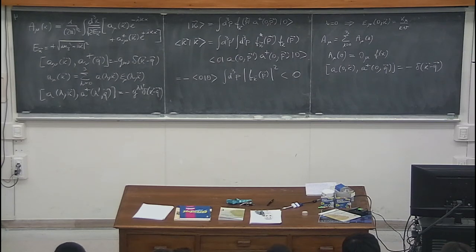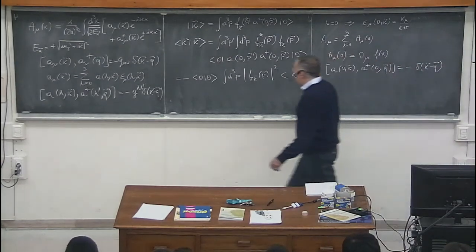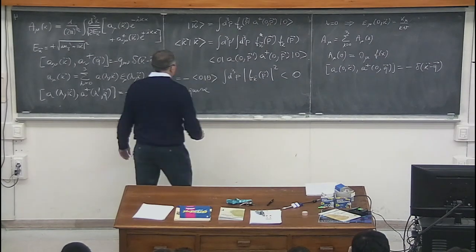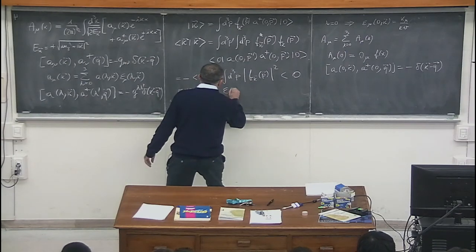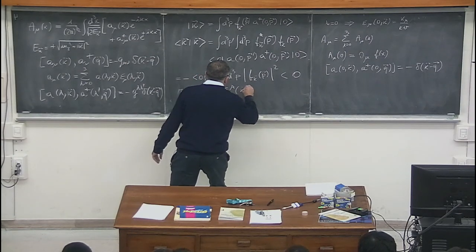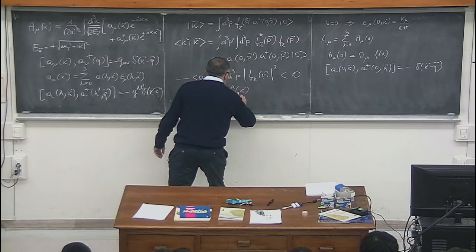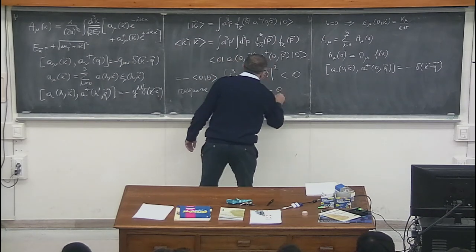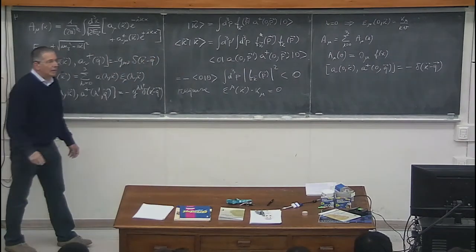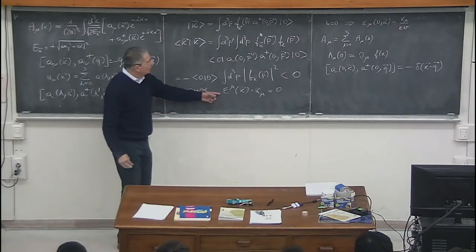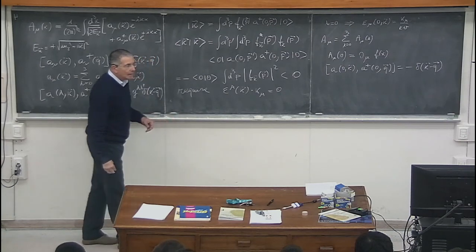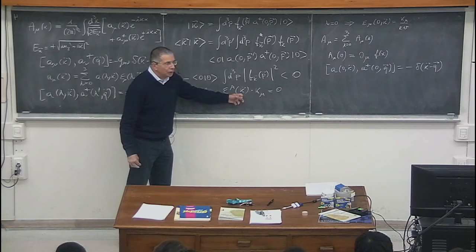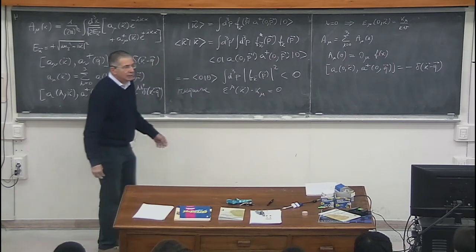The way you get rid of them is to require that the polarization vector is such that epsilon mu of k dot k mu is equal to 0. If you require that, you immediately exclude the longitudinal polarization vector, because the longitudinal polarization vector is proportional to k mu, and k mu square is not 0.